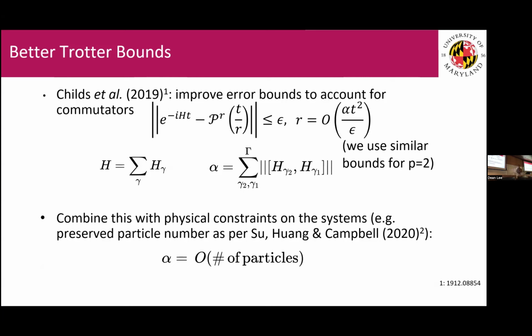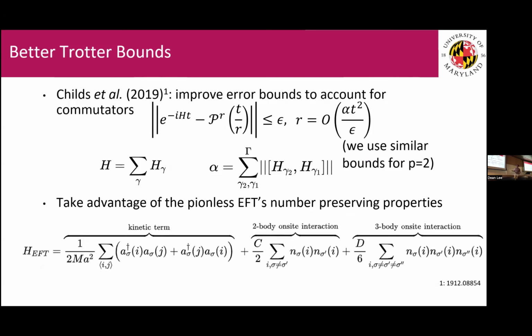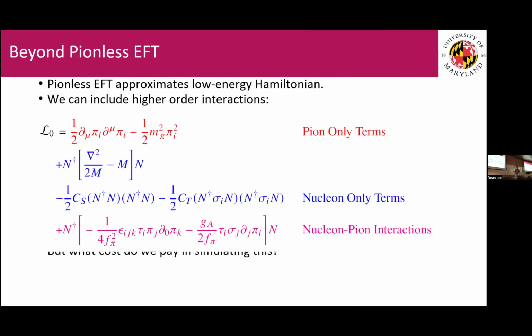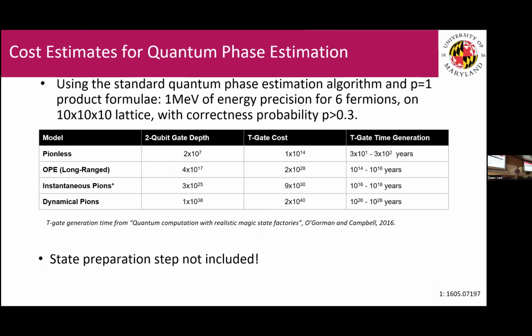I think people like Natalie Klco have probably done a lot of work towards understanding that, so that's another thing you can work with. When I talk about our estimates being pessimistic, there are a whole bunch of reasons, but in particular the dynamical pions, introducing a resource cutoff for the conjugate momentum in the pion scalar field, and accounting for the norms of those fields, is really incurring a lot of the overhead in our resource estimates. Gotcha.